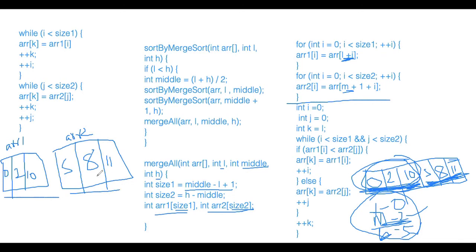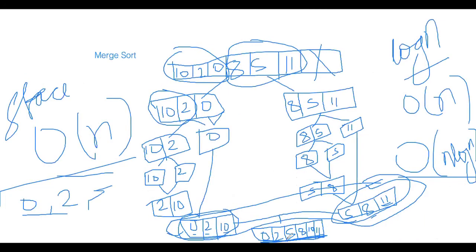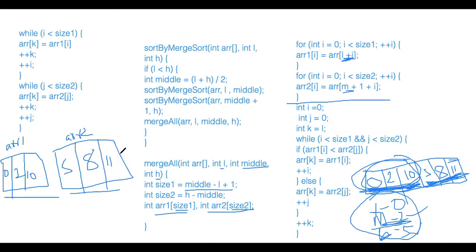Now we have to merge these two in such a way that it becomes sorted, right? So what are we doing? We are traversing till any of the arrays is exhausted. Either this gets exhausted or this gets exhausted, right?